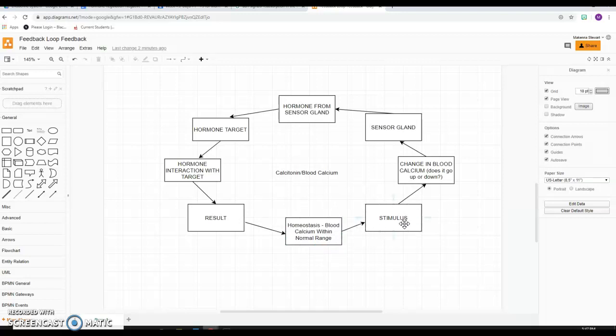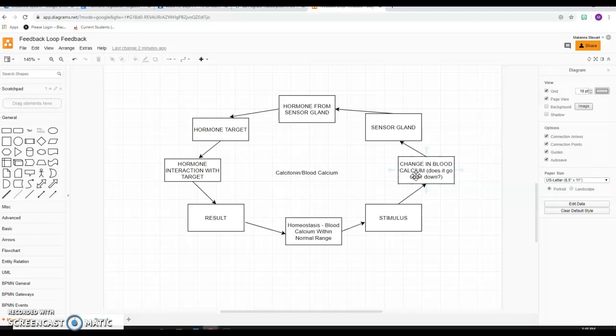Then a stimulus occurs. Again, there are many different stimuli that could create the necessary change. Then you're going to have a change in blood calcium. You may also see that written as blood serum calcium or serum calcium. It's all the same thing.